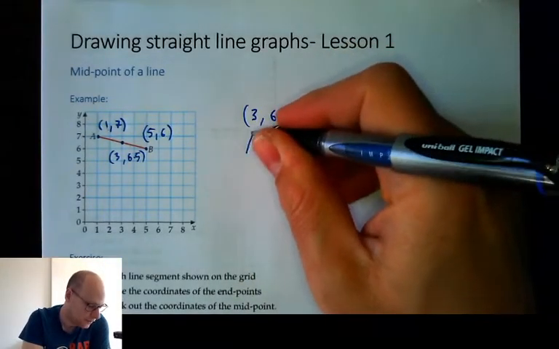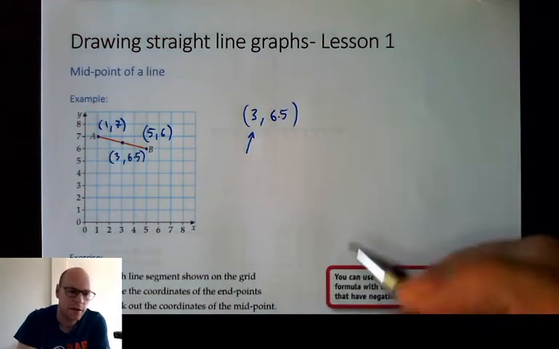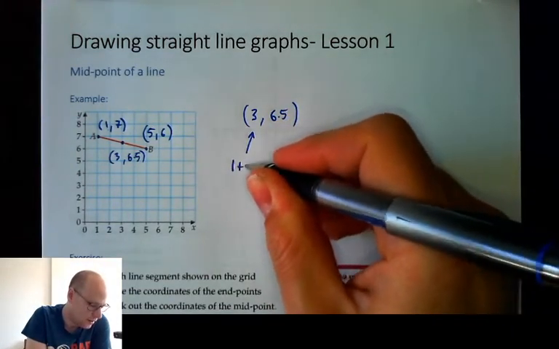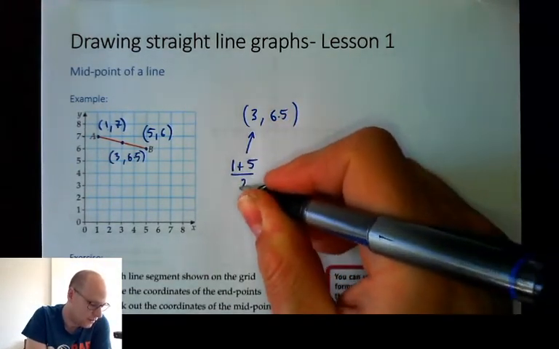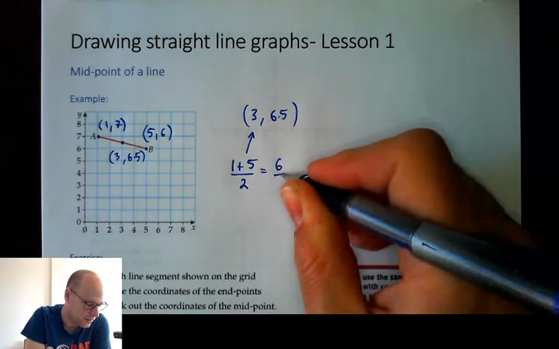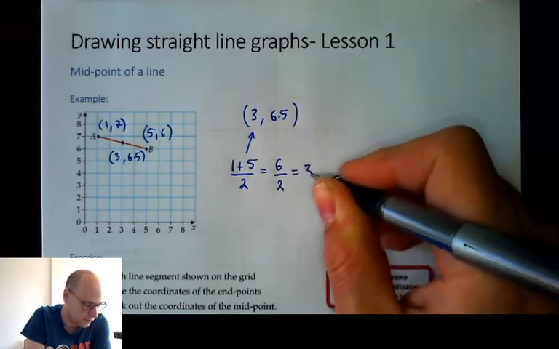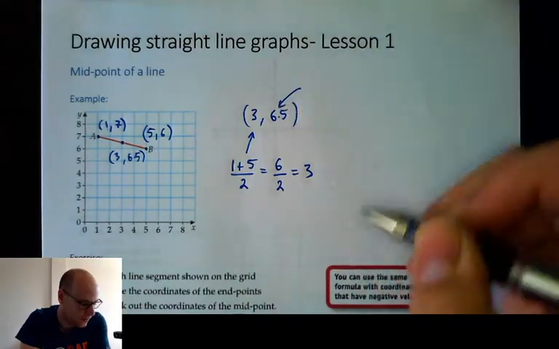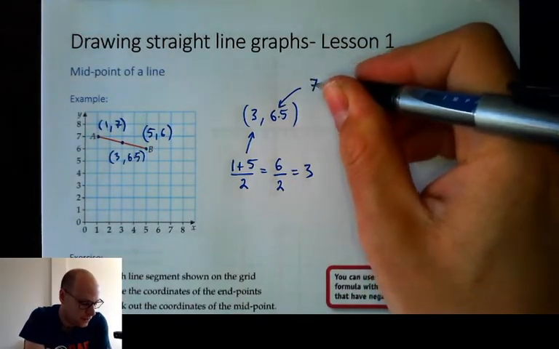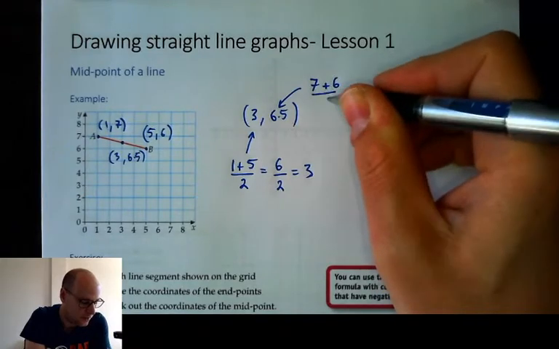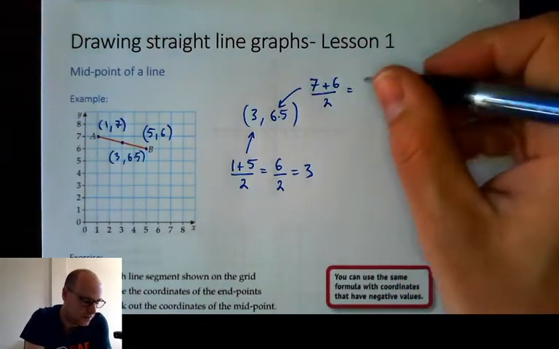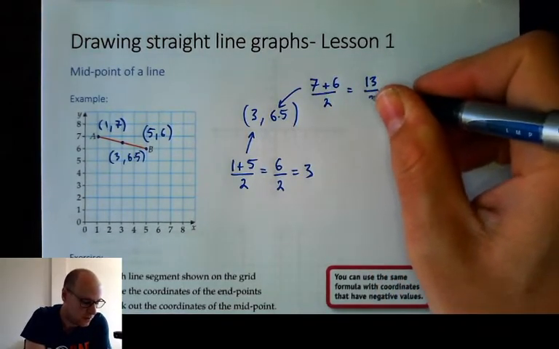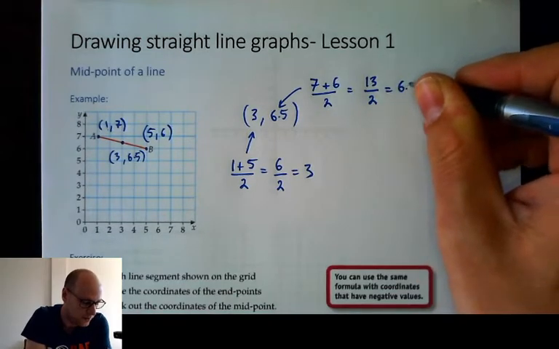Hopefully you'll spot that if you take the 1 plus the 5 and then divide it by 2, that's 6 divided by 2, which is 3, and that gives you your x coordinate. To get the y coordinate, you do the 7 plus the 6 divided by 2, which is 13 divided by 2, which is 6.5.